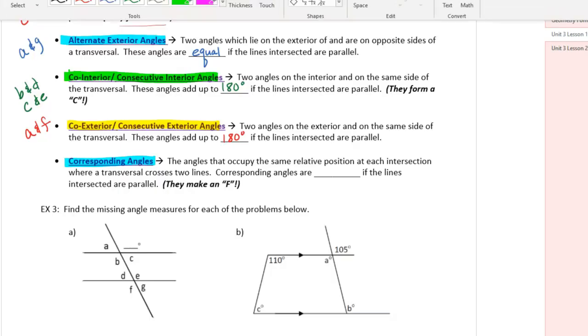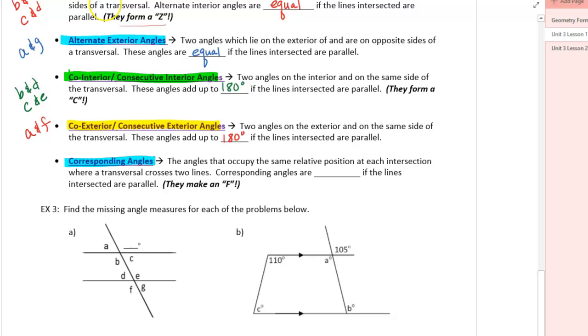I know that doesn't make a whole lot of sense probably, but corresponding angles may be angle A and angle D. Another set of corresponding angles would be B and F. Another pair of corresponding angles would be C and G. So they're on the same side of the transversal.